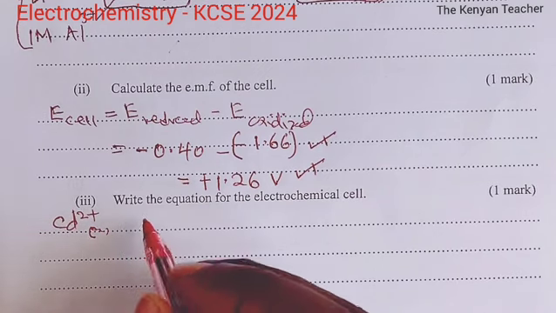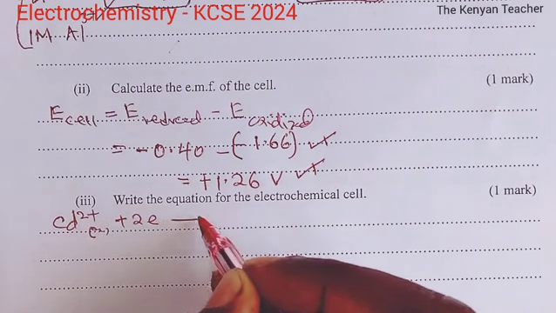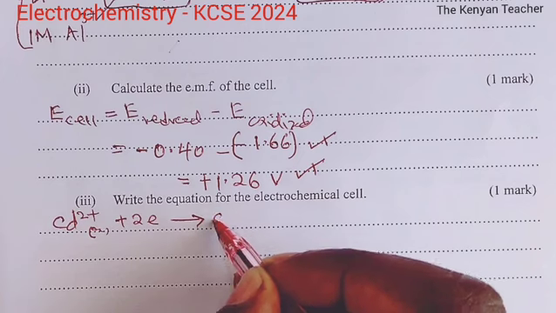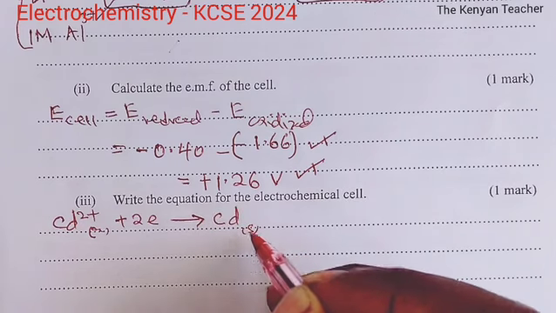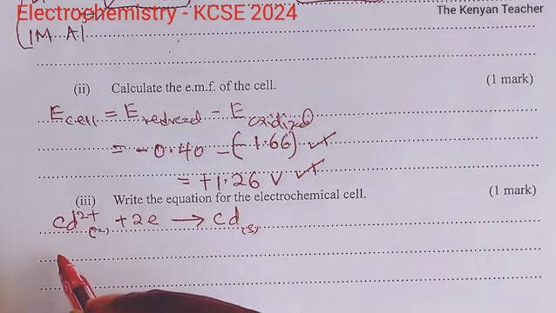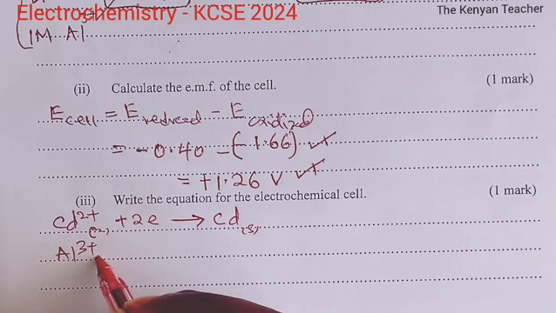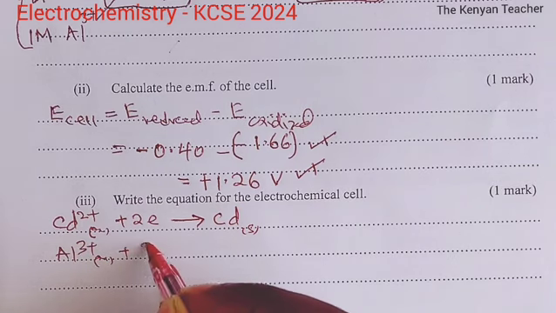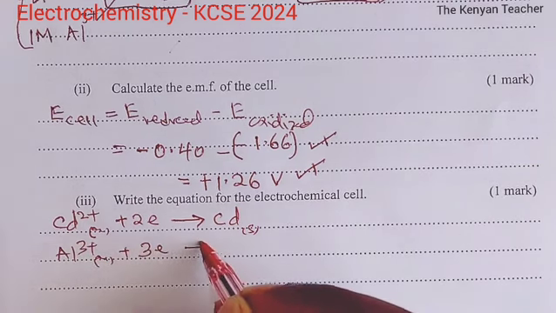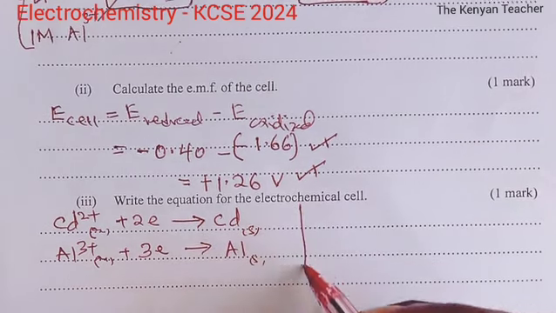So half cell 2 involves reduction of cadmium ions through acceptance of 2 moles of electrons to give cadmium. Half cell 3 involves reduction of aluminium ions through acceptance of 3 moles of electrons to give aluminium.